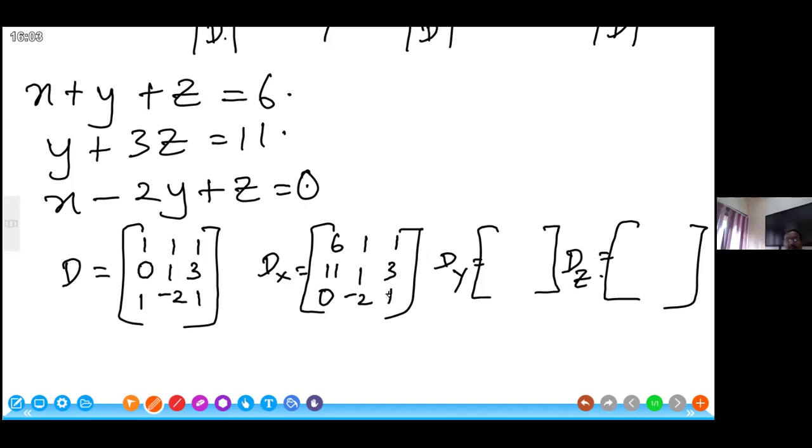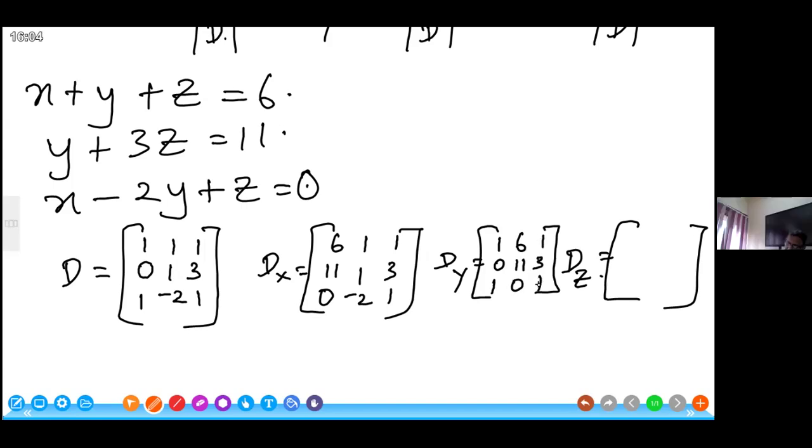Dy column wise: 1, 0, 1; 6, 11, 0; 1, 3, 1.